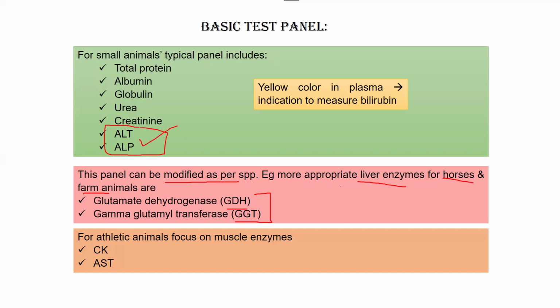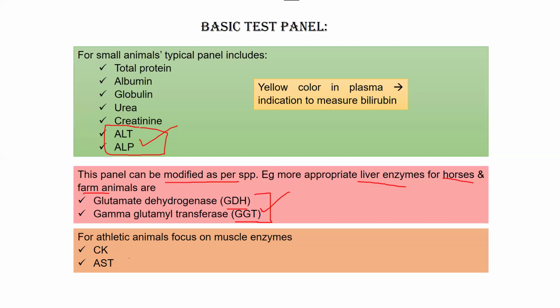But if you have large animals, you can go for these enzymes. Similarly, for athletic animals that have muscle injuries or muscle issues, you can also add creatine kinase or AST, these two enzymes, because they will detect the muscle injury in a better way.